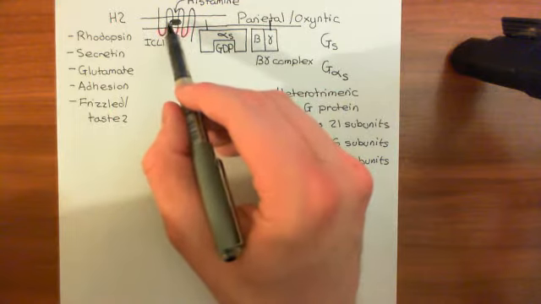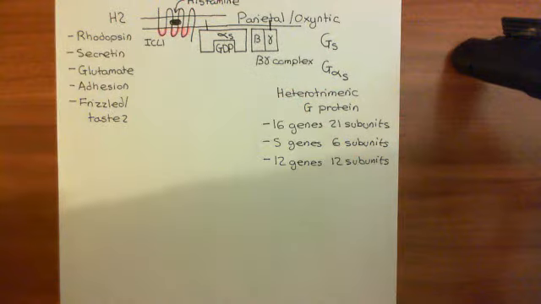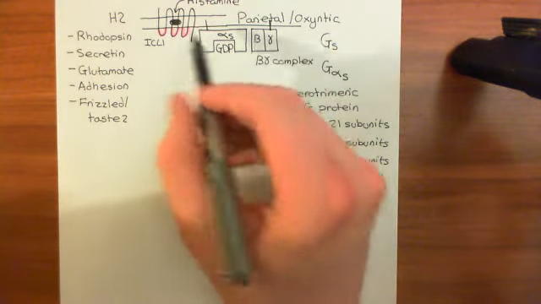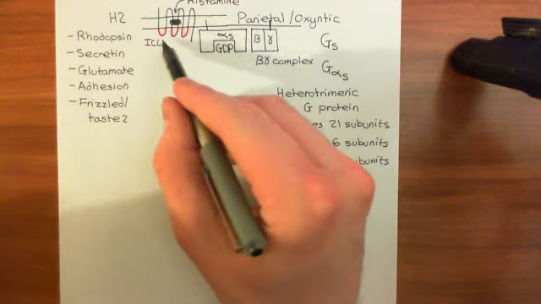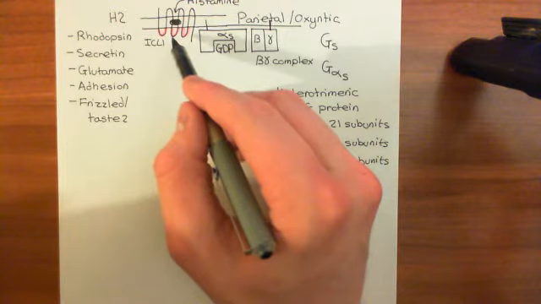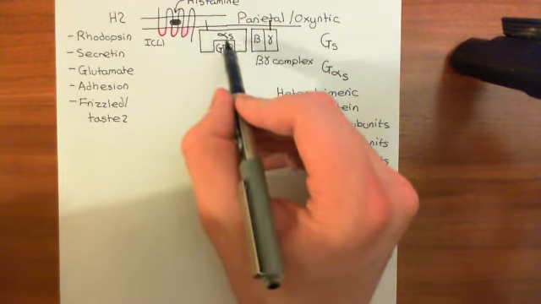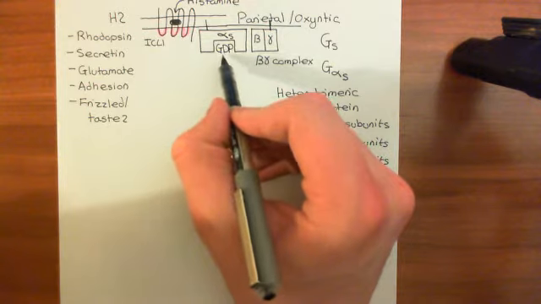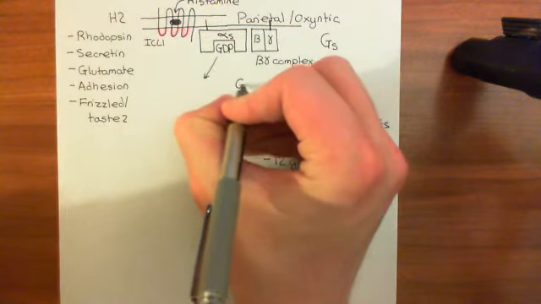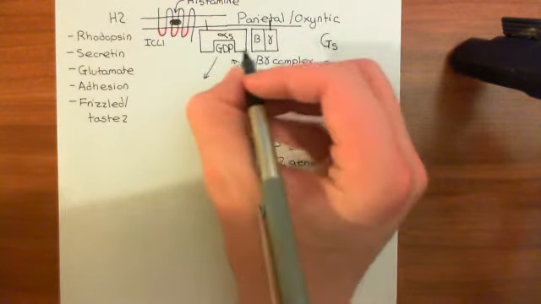When histamine binds to the H2 receptor and changes the conformation of these three intracellular loops, the heterotrimer will now bind to this binding site on the cytoplasmic side of the H2 receptor, and that will trigger the alpha S subunit to lose its GDP, and instead GTP from the cytoplasm will come in and bind to the alpha S subunit.